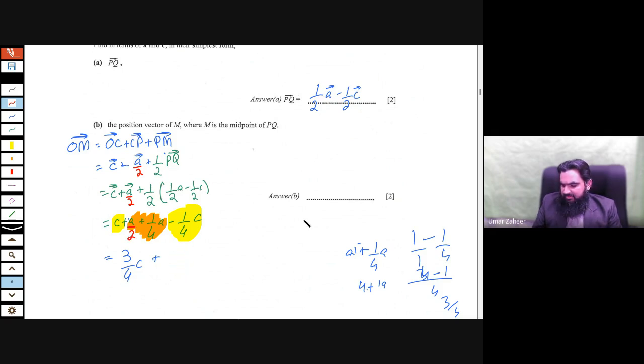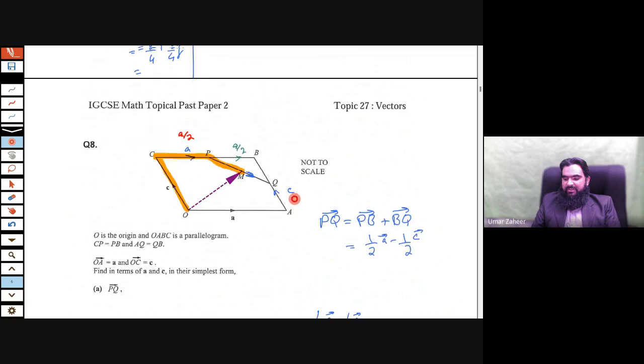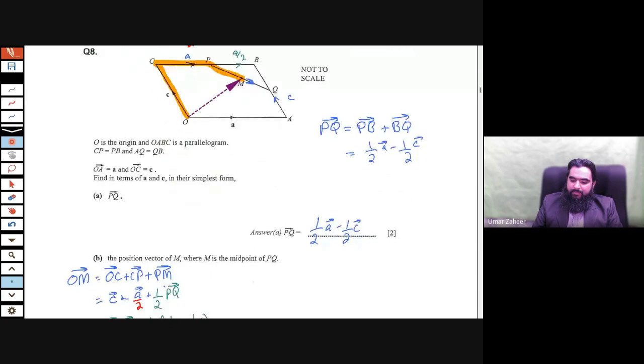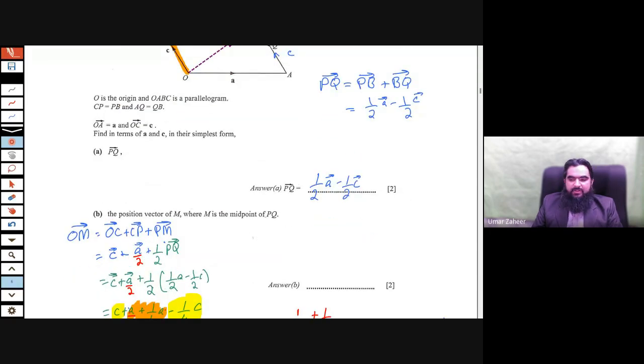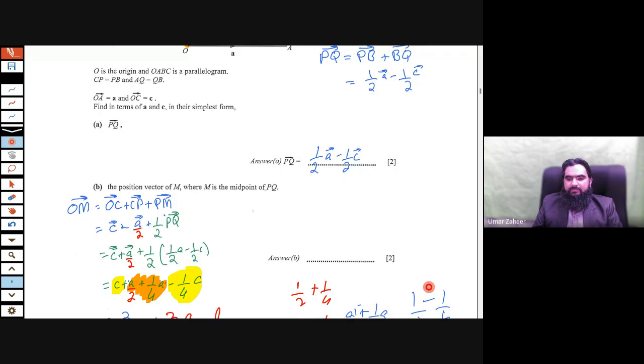So take the LCM. 1 divided by 2 plus 1 by 4 will be 2 plus 1 divided by 4. So the final answer will be 3 divided by 4 with A vector. By mistake, we wrote the wrong value, because we know that OCB is A and we are taking the half. Obviously, that will be A by 2. Yes, you get my point? Yes.